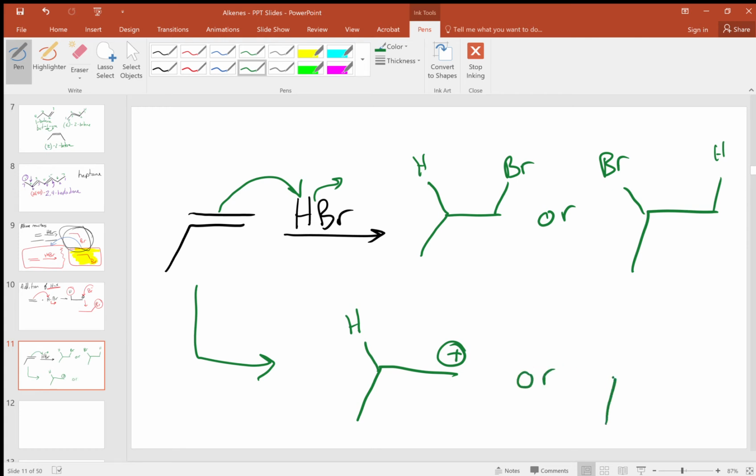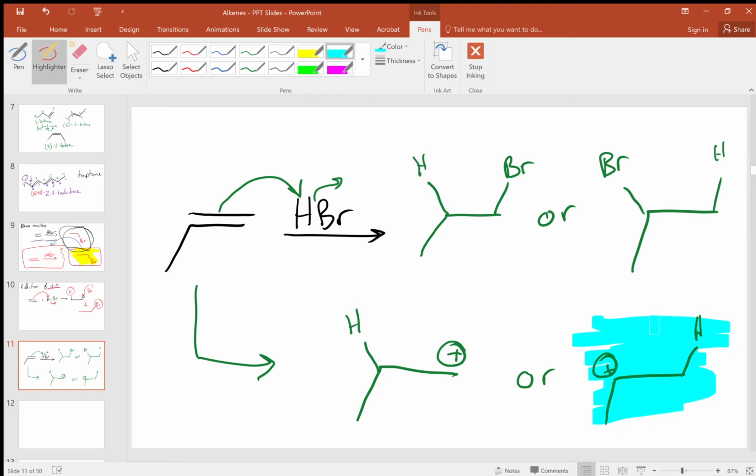Or we could get the opposite. The hydrogen adds on the end, and we get a carbocation in the middle. Is one of those better than the other? The answer is yes. The one on the right is better.